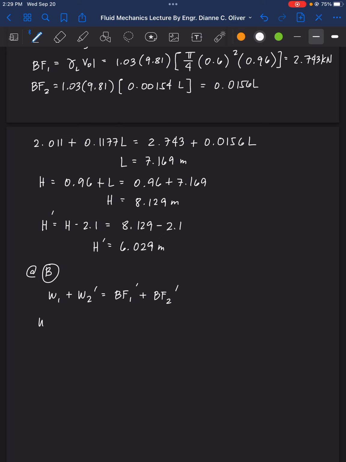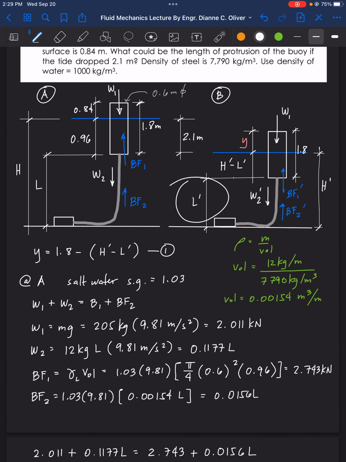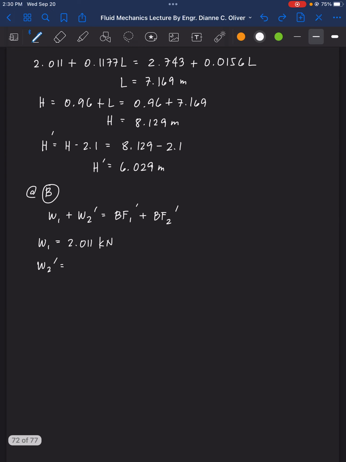So W1 is, of course, already the same, and we solved that. Same with situation A, the weight of the buoy did not change, whereas the W2 prime for the weight of the chain changed because the length became smaller when the tide went low. So W2 prime is equal to 12 kilogram for the mass in every linear meter, in every L prime.